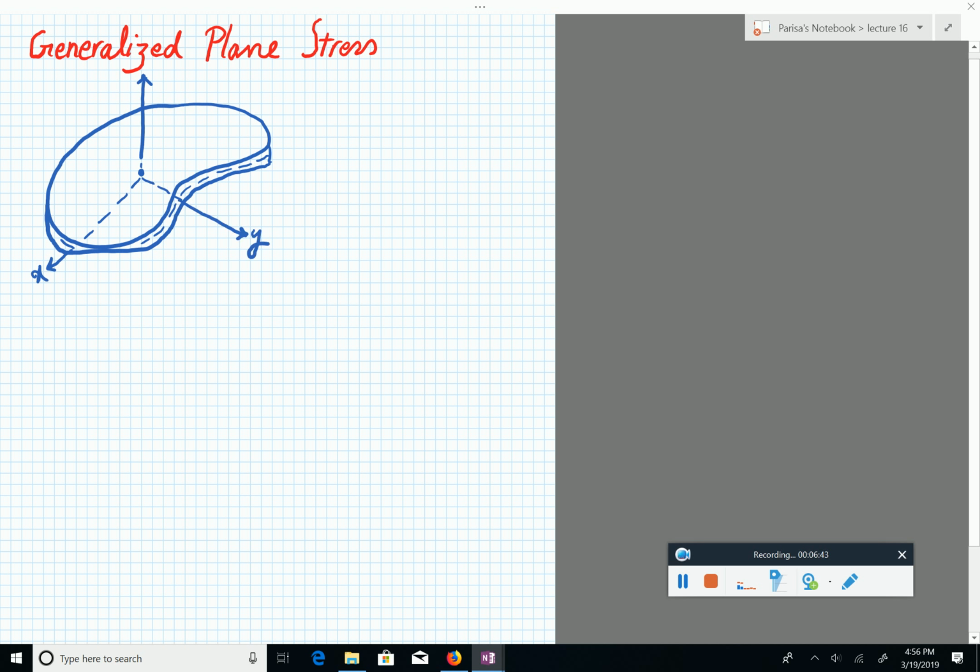You have a thickness of 2h, so h above the mid-plane and h below. So this kind of stress is defined using the average field quantities.